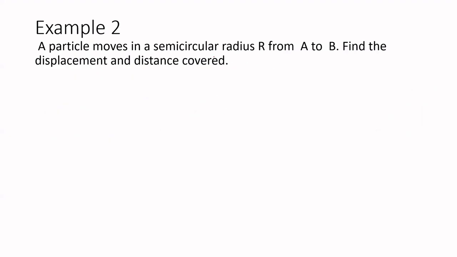A particle moves in a semicircle of radius R from A to B. Radius is R. So the displacement is equal to how much? 2R.